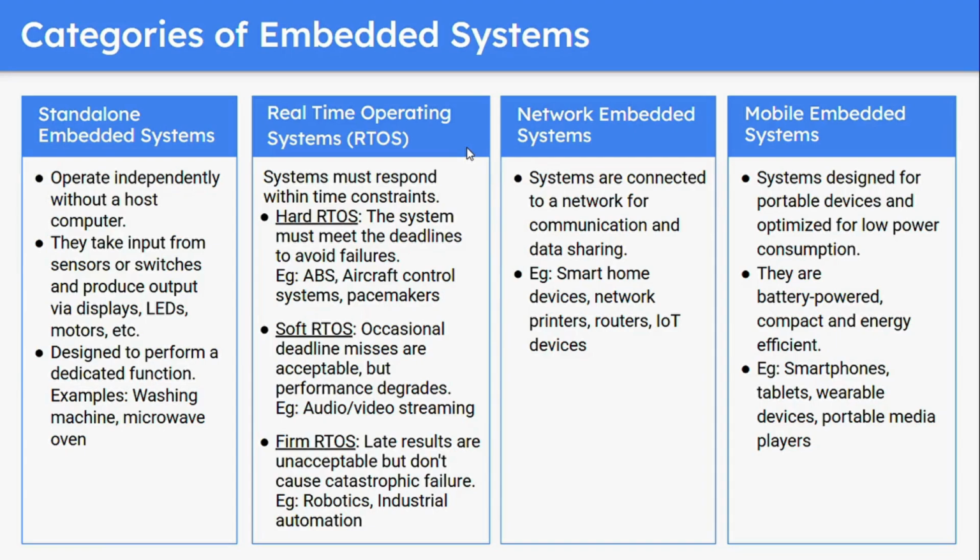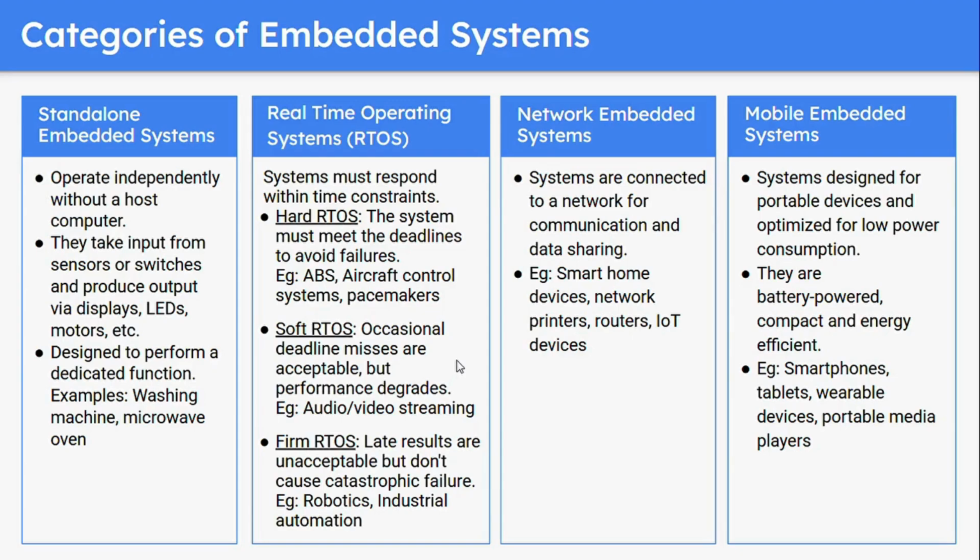Real-time operating systems are those systems which must respond within time constraints. There are three categories: hard real-time operating system, soft real-time operating system, and firm real-time operating system. Hard real-time operating systems must meet the deadlines to avoid failures, and any delay in the response may have catastrophic impact.